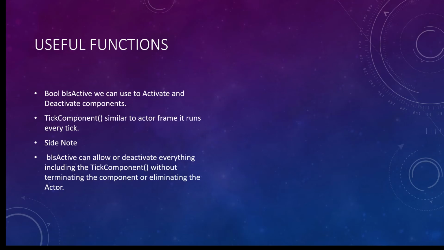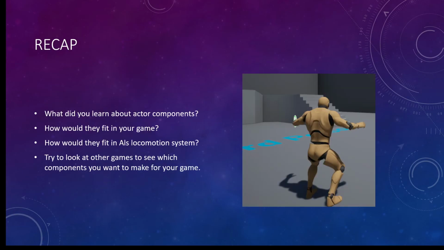A side note is that bIsActive can be used to deactivate everything, including the tick component, without terminating the component or eliminating the actor. This is something you guys need to keep in the back of your head as well. All right, let's move on.